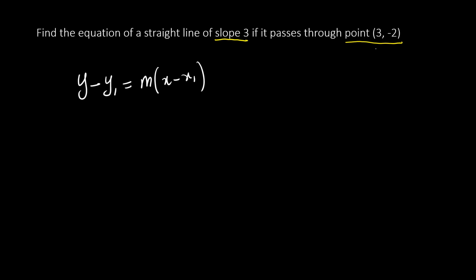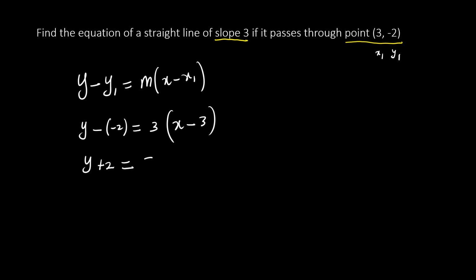From this point, we have that this is x1 and this is y1. We can now substitute x1 and y1 into the equation to have y minus y1, which is negative 2, equals m. Our m now is 3, times (x minus x1), which is 3. Then we have y plus 2 equals 3x minus 9.